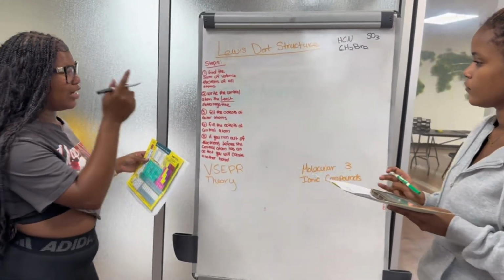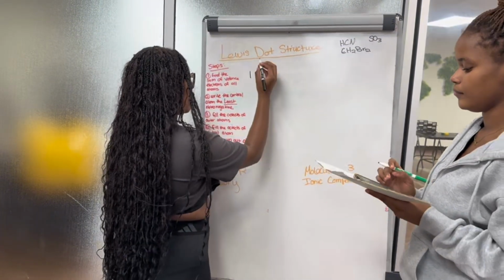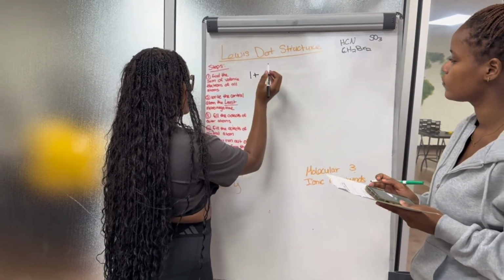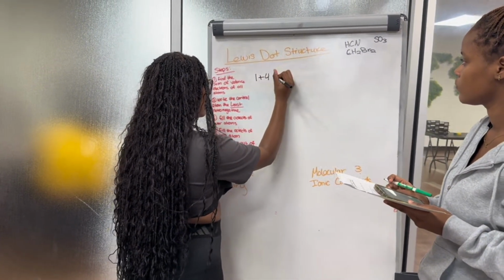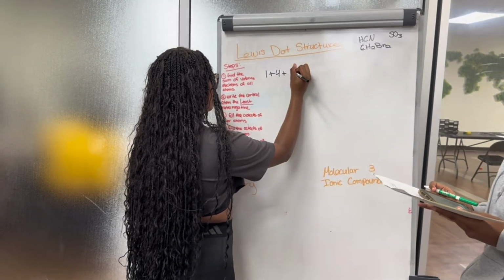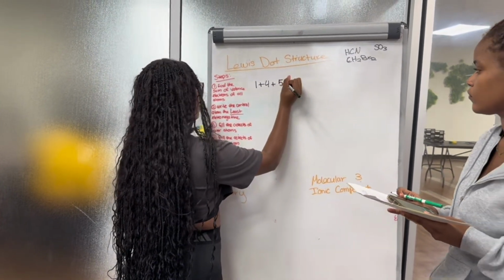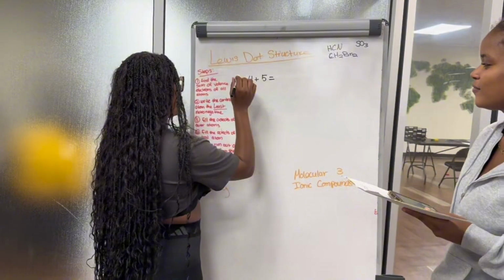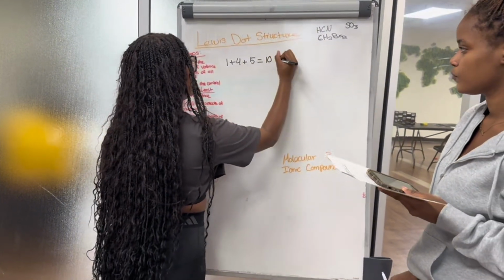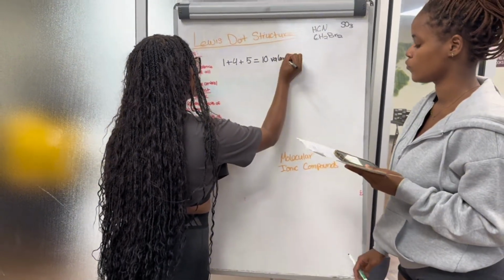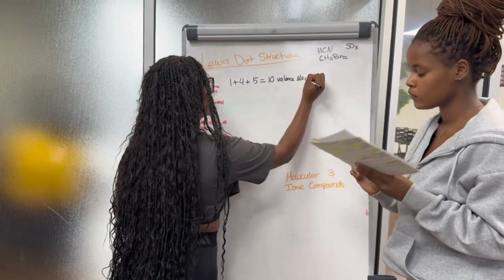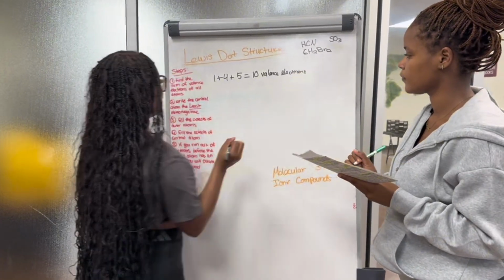So hydrogen has one valence electron, carbon has 4, and nitrogen has 5. So 1 plus 4 plus 5 will give us 10 valence electrons. Okay.